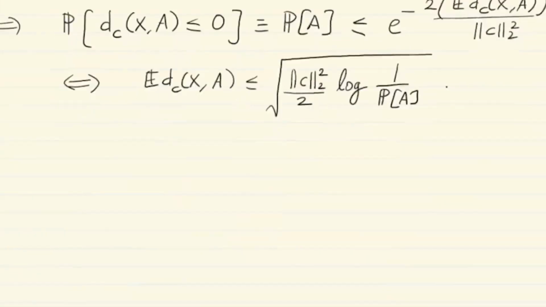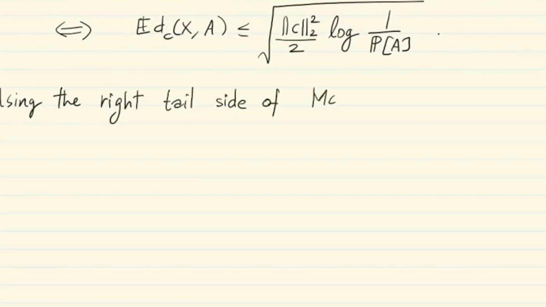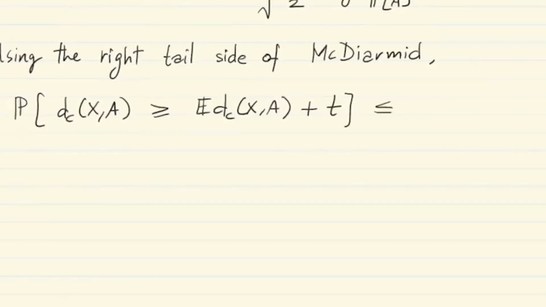Now we can use the other direction, the right tail side of McDiarmid. For the same function g, you get that the probability of D_c(X, A) exceeding its expected value by an amount t is upper bounded by e to the minus 2 t square by norm c square.